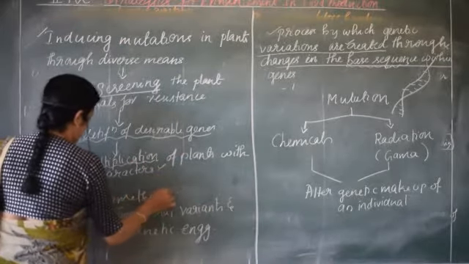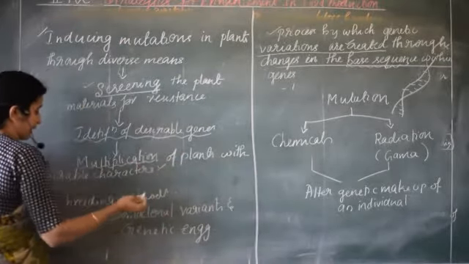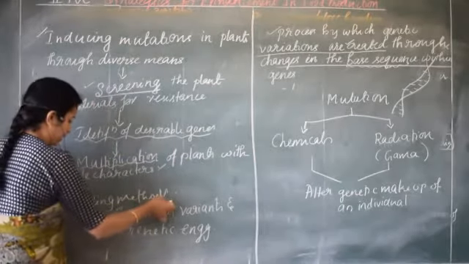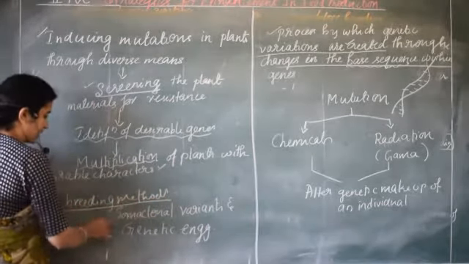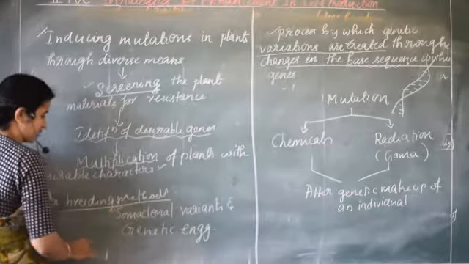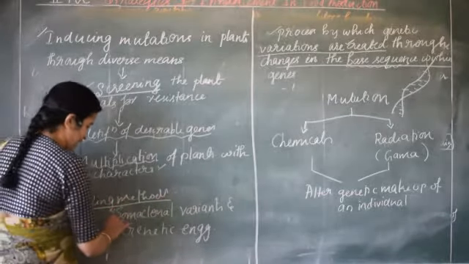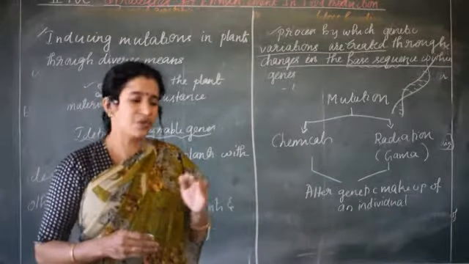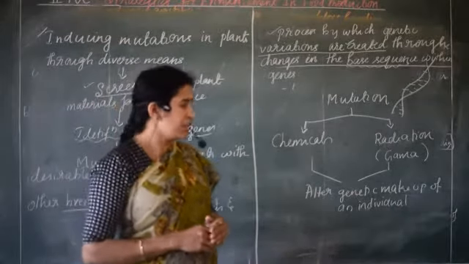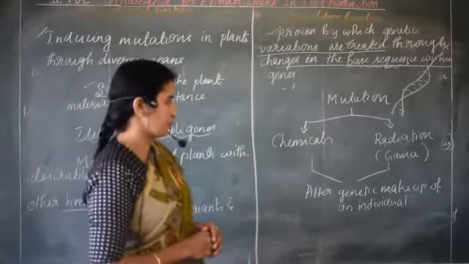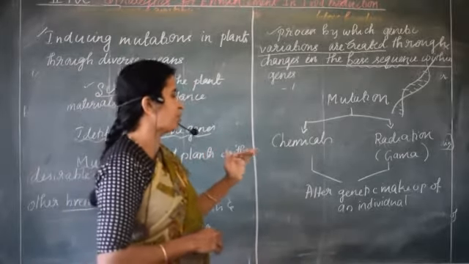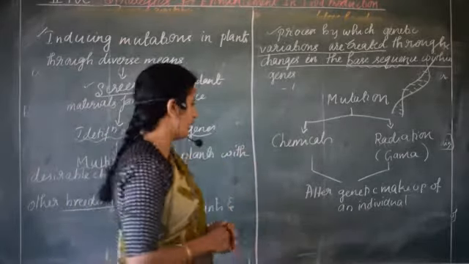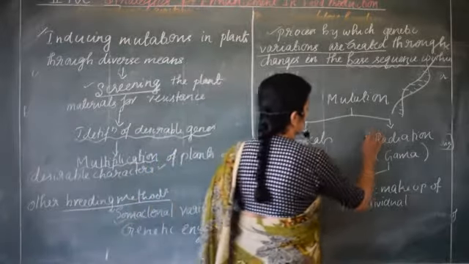Apart from this mutation breeding, nowadays we also have other programs, such as developing somaclonal varieties, as well as genetic engineering and tissue culture. We are going to study those again at the end of this chapter. This mutation can be achieved by using chemicals or through radiation.